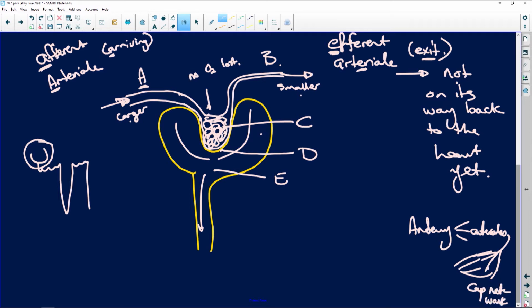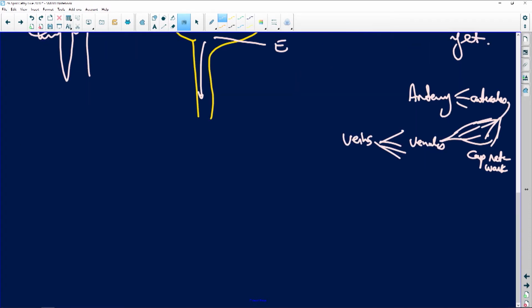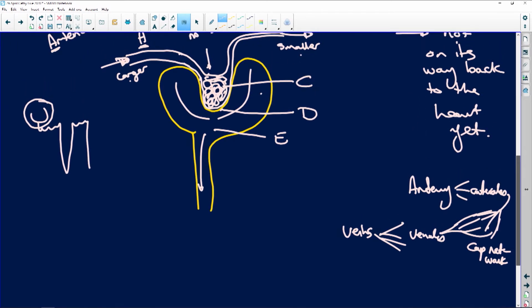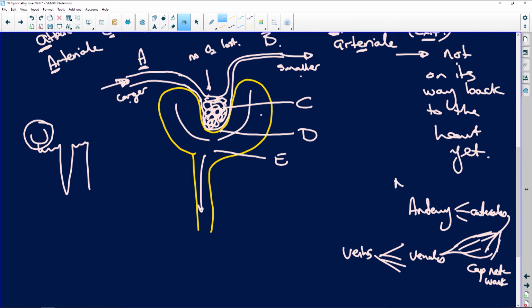They will join up to venules, and venules all join up to veins. People, you must remember that. In fact, this is very important for you to understand.